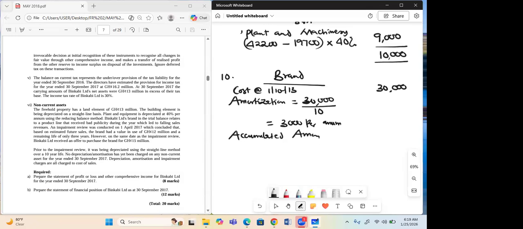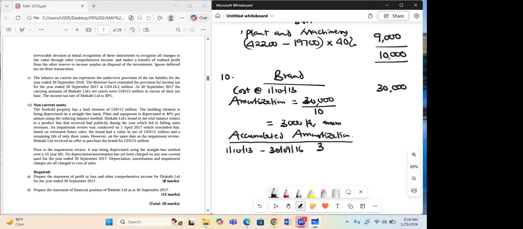This is the way I present my workings: I keep the cost separately and do the workings while charging at the same time. Now, from 1st October 2013 to 30th September 2016, that will be a period of 3 years.